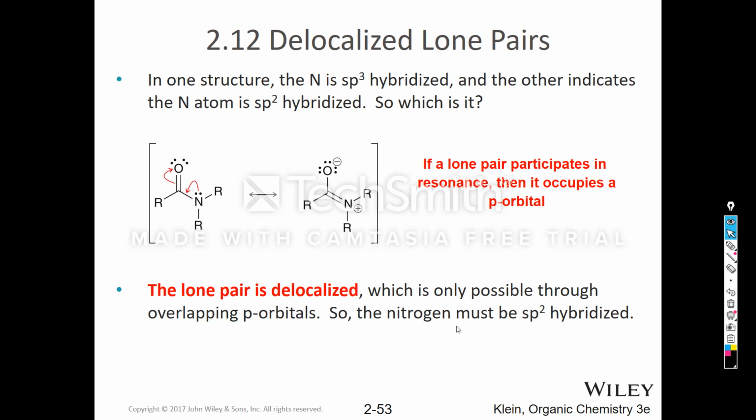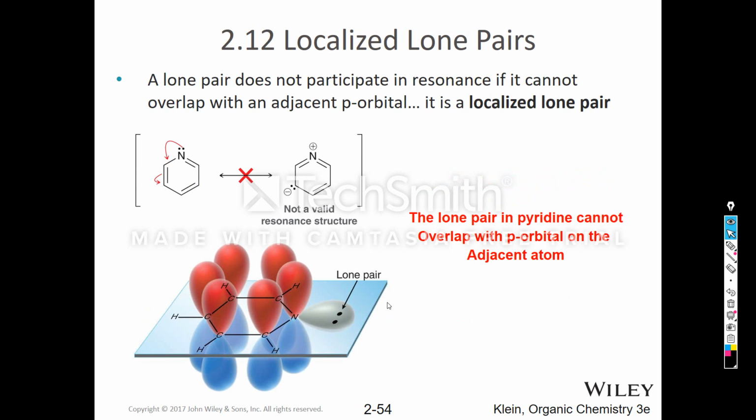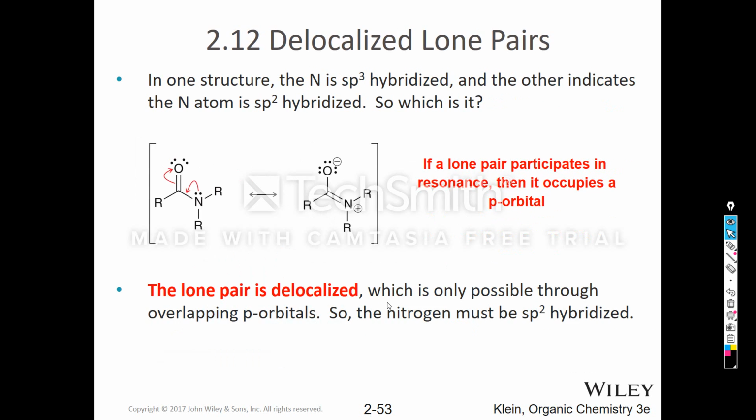Therefore, we will call the nitrogen an sp2 hybridized nitrogen. So don't be confused by this one structure. If it's conjugated, it is sp2 hybridized. And the same is true with this oxygen atom. If it's conjugated, then it is sp2 hybridized. All right. That is something that you want to keep in mind.